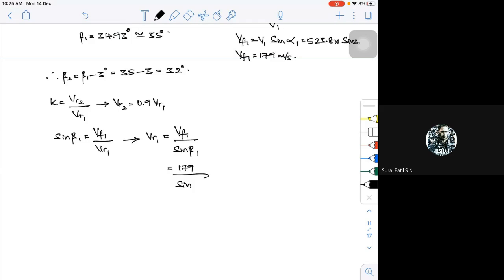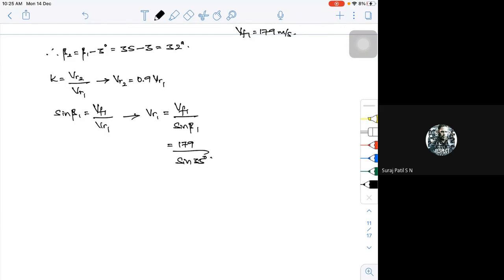Or you can use 35 also, it doesn't matter; the values may change in the decimals. So VR1 is roughly 312 meters per second. Therefore, VR2 is equal to 0.9 times VR1. So this is equal to 281 meters per second.